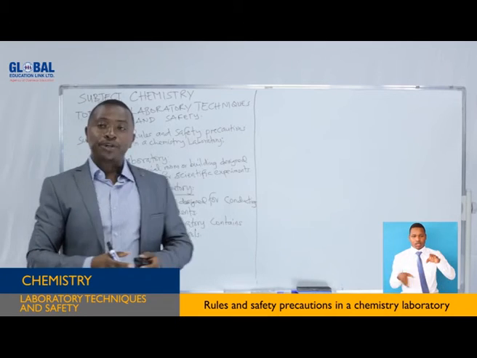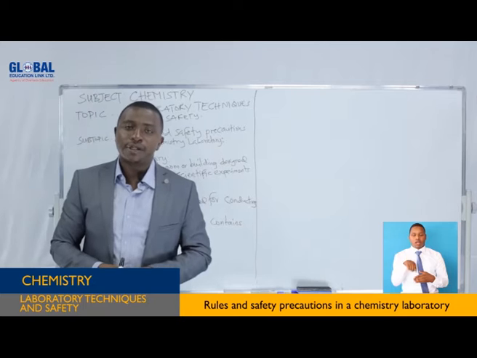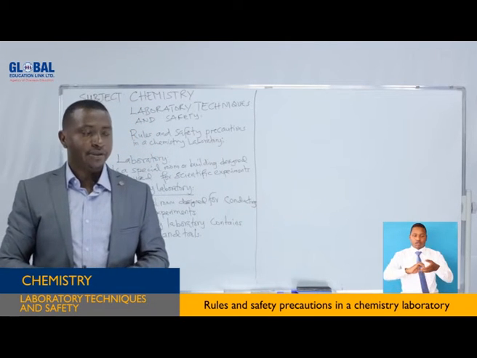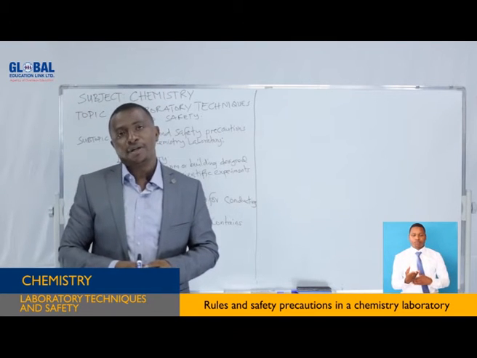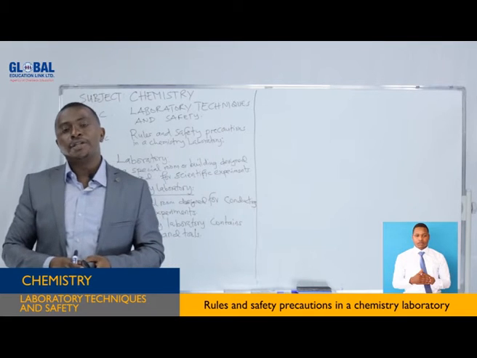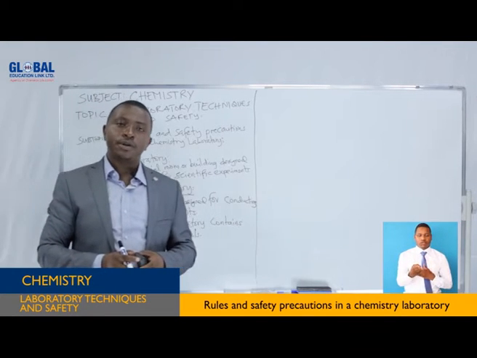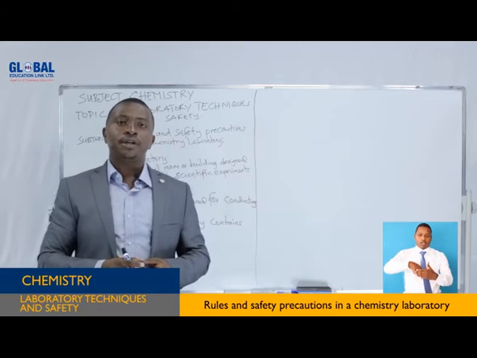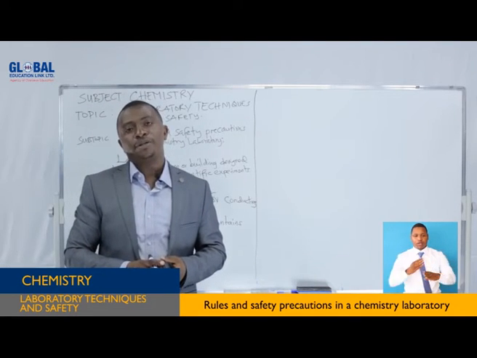Now, a chemistry laboratory contains some chemicals. It also contains some tools, and these chemicals and tools are used during experiments. It also contains the equipment which is known as apparatus. Today, students, we shall focus specifically on the rules or the guidelines that have to be followed when entering the laboratory, during experiments and after the experiments.